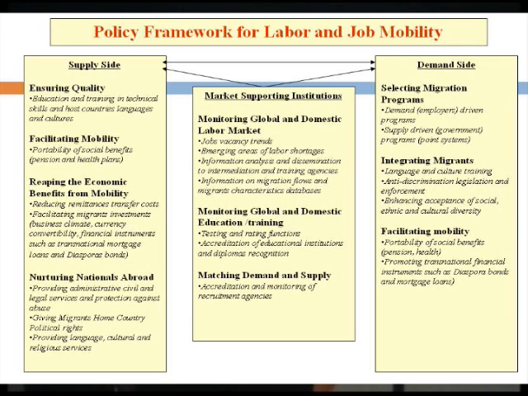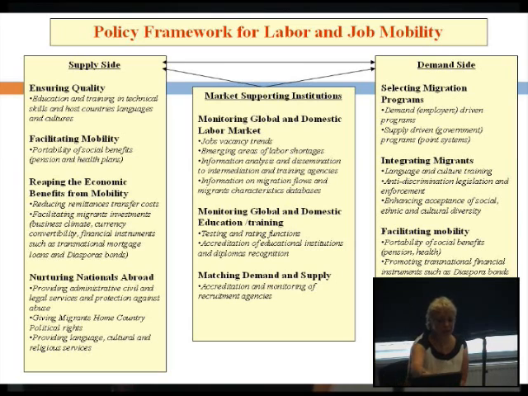But the most important one is the one in the middle, market supporting institutions. Markets need strong and well-designed institutions to function well. You can see the details but I'll go quickly.